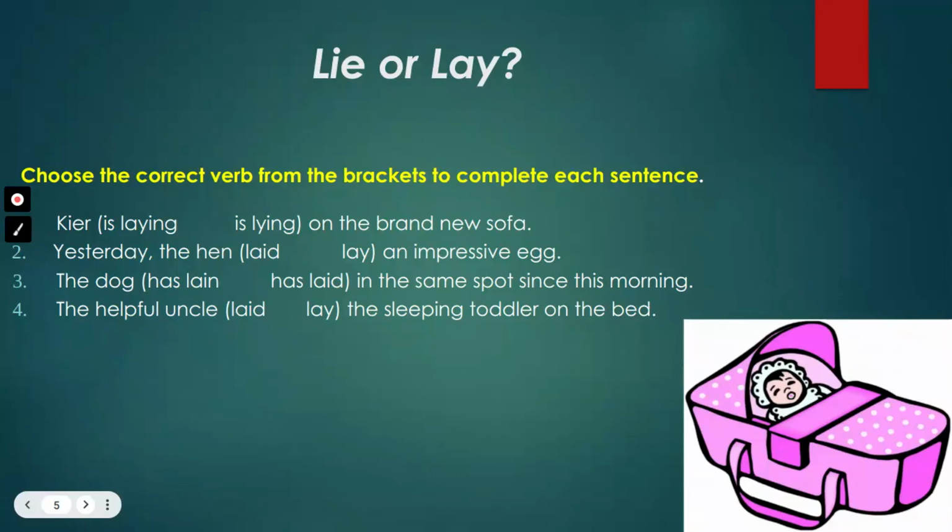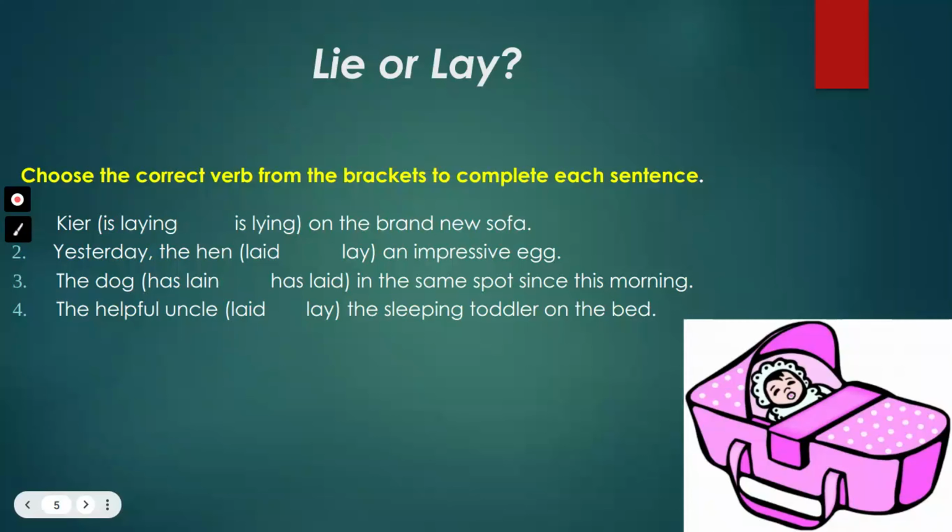No, it is not laid, but lain. So the dog has lain in the same spot since this morning. Now, if we say the dog has laid in the same spot, it means that this poor dog has been producing eggs in this same spot since morning. And clearly, that is not what we're trying to convey here.